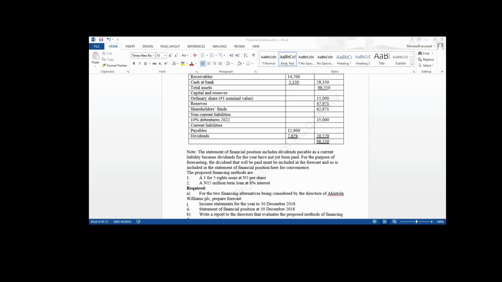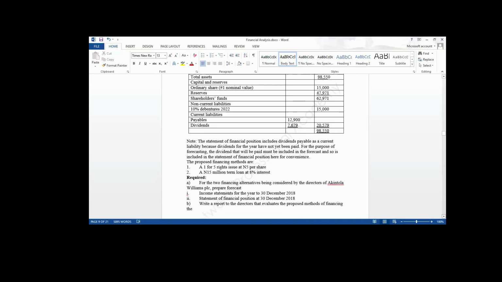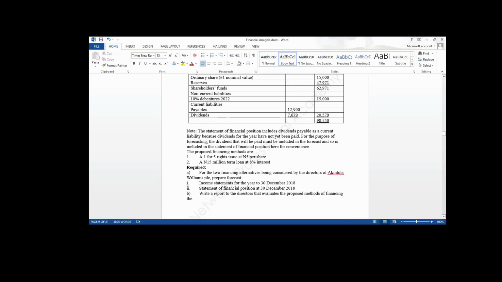Requirements A. Prepare, for the 2 financing alternatives being considered by the directors of Akintola Williams, a forecast income statement for the year ending 31st December 2018 and a statement of financial position as at 31st December 2018.